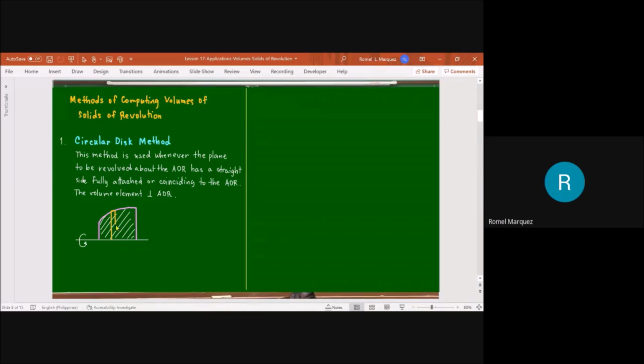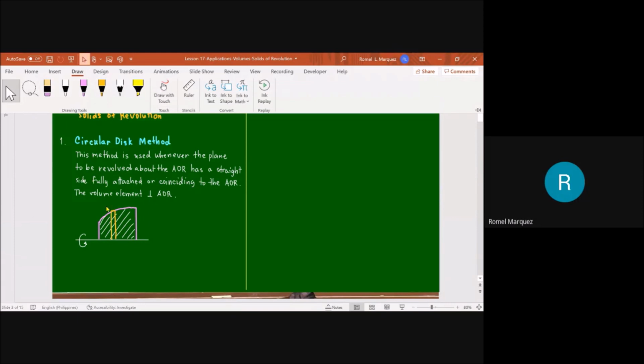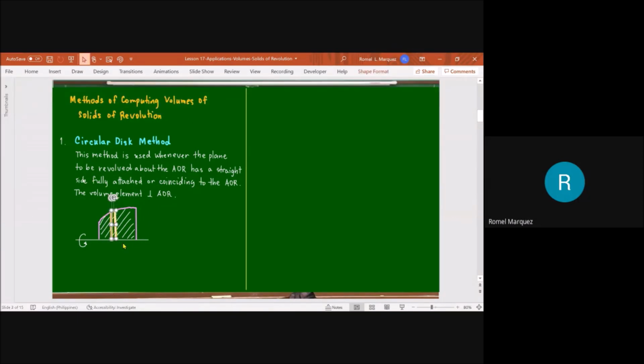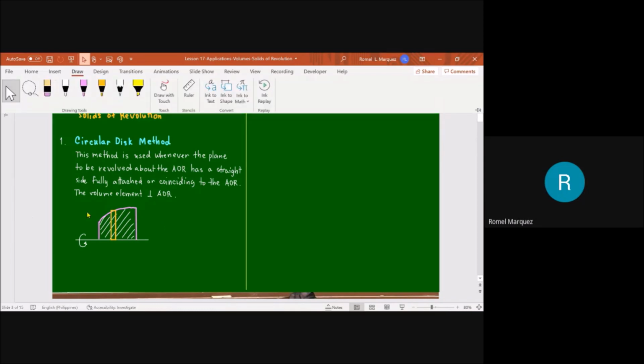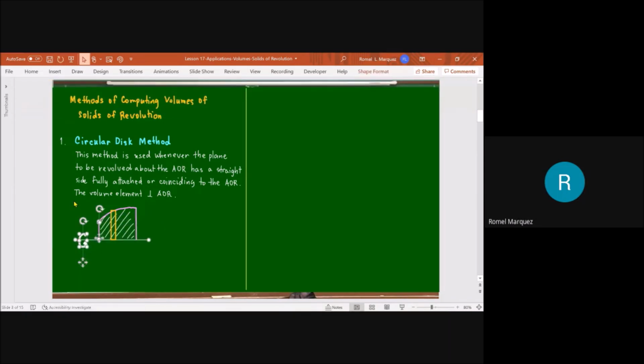So let's say this is my area element. When it is revolved, it will become a volume element in the form of a circular disk. Once I rotate it about this horizontal line, I will be able to generate, let me copy this, so that I will be able to form the desired volume or the desired solid of revolution.